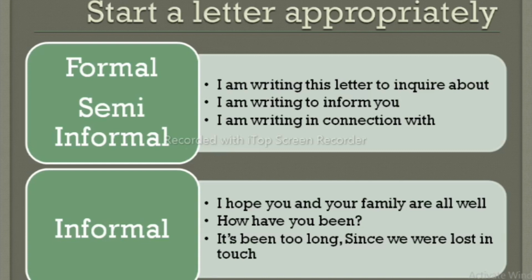So in a formal letter, start with: I am writing to inquire about, I am writing to inform you, I am writing in connection with. Or if you are writing a semi-formal letter, start with Dear Mr. Johnson, Dear Mr. Stone, I am writing to inform you that, or I am writing to inquire about.